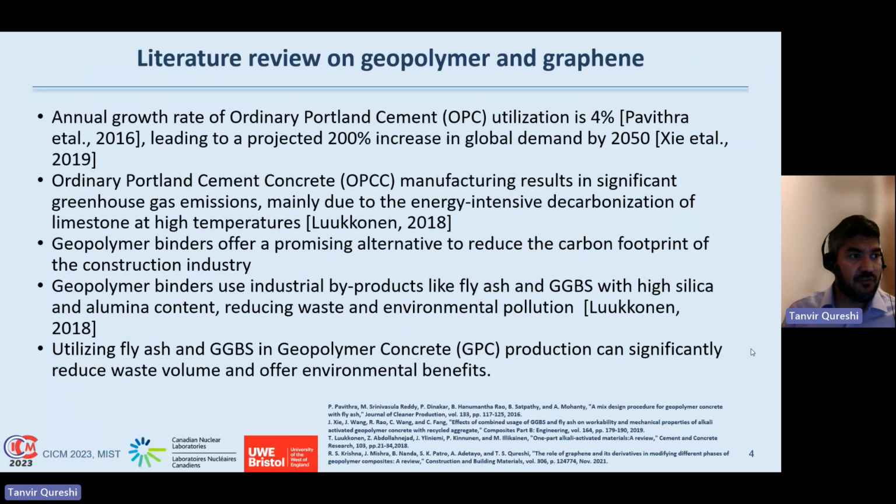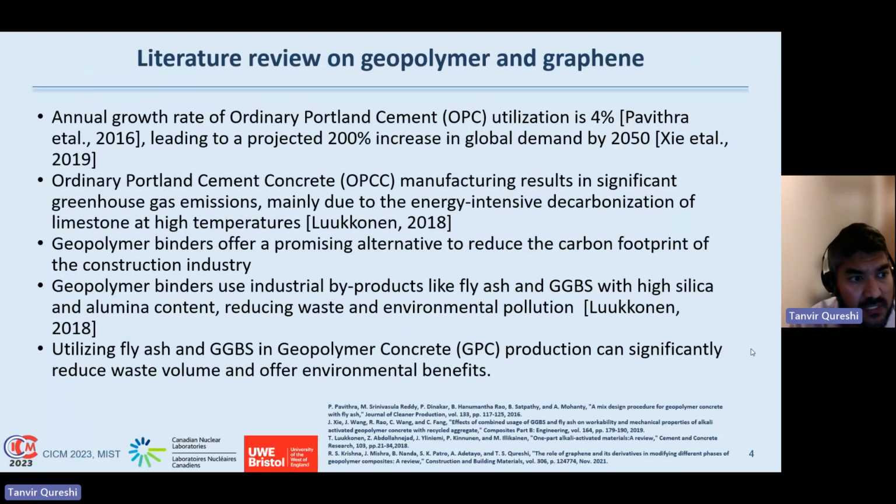Starting the literature review, the annual growth rate of ordinary Portland cement utilization is 4%, and this is expected to rise to about a 200% increment in global demand by 2050.